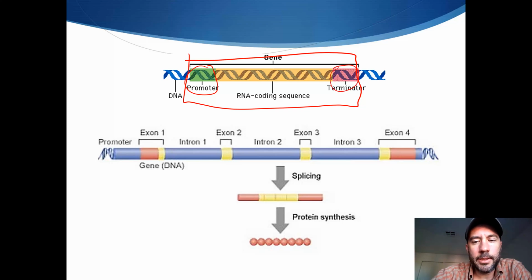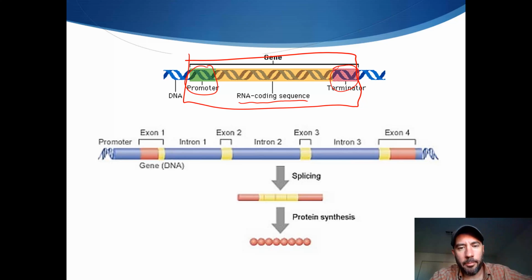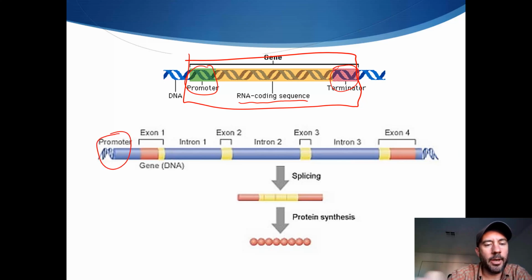And the terminator region says this is where we're going to end producing this protein, okay? And then in between, you have a sequence that carries instructions for making a protein. Now let's look at that a little more closely. Here's the promoter area, and then somewhere over here is the terminator.